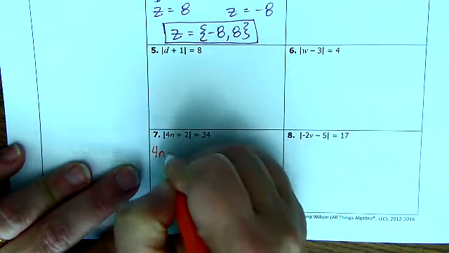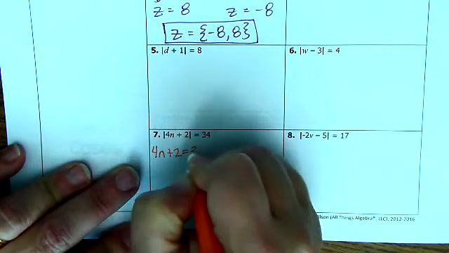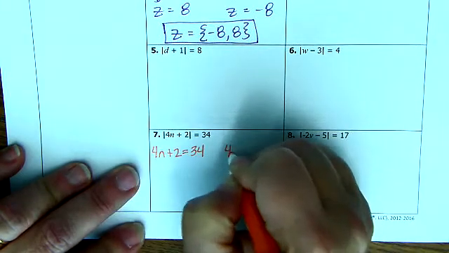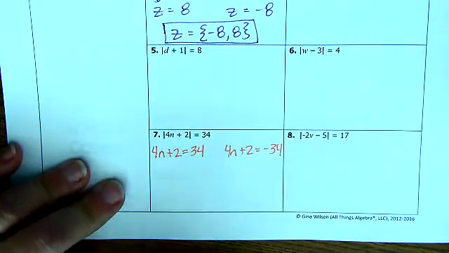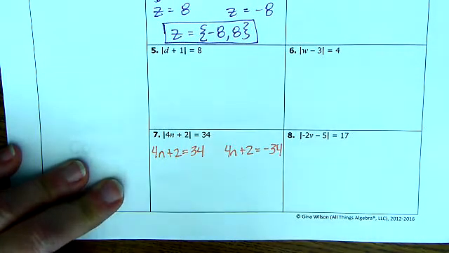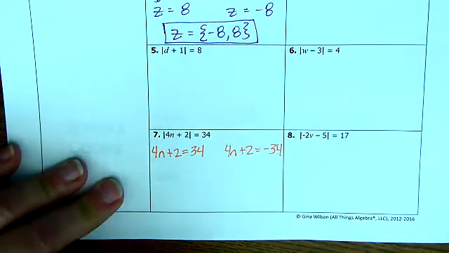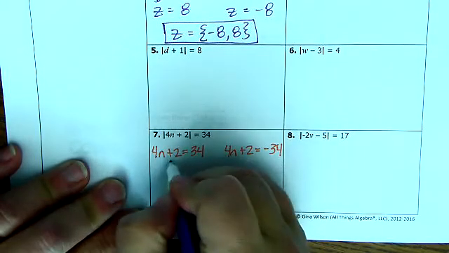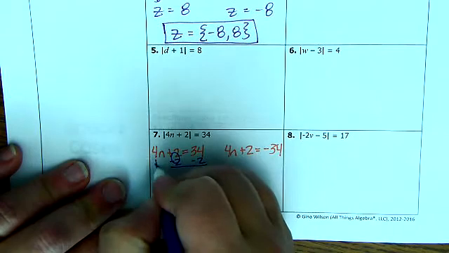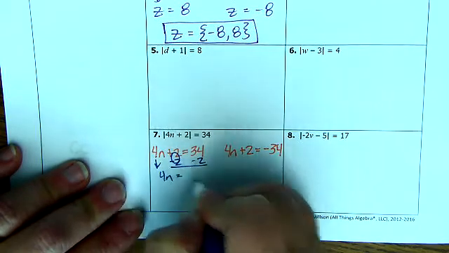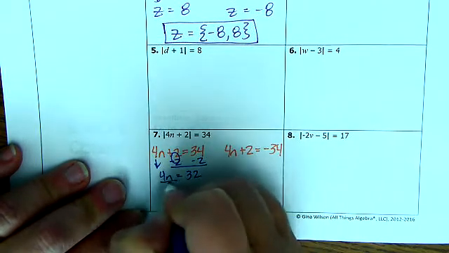So I have 4n plus 2 equals 34. 4n plus 2 equals negative 34. And we solve. So subtract 2, that zeroes out, it's down, and we have 4n equals 32.